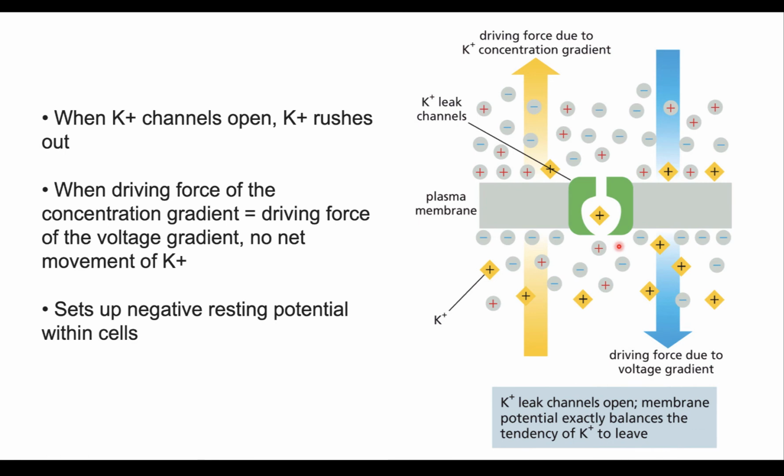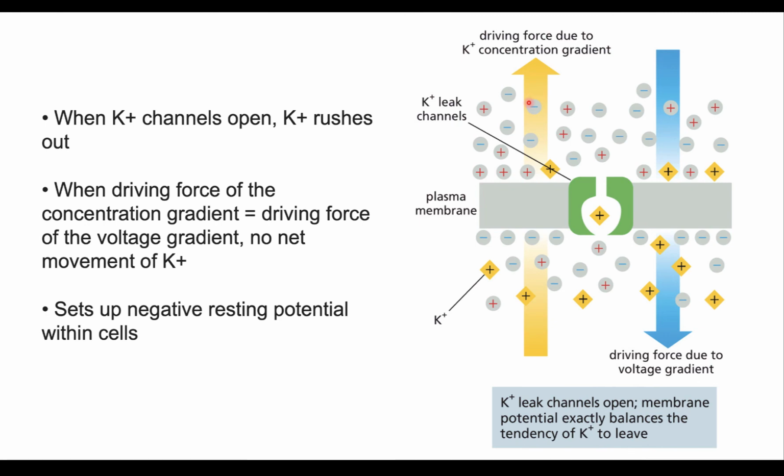Eventually, as the interior of the cell becomes more and more negative, there is an attraction between the negative interior of the cell and the positive potassium ions. So at the point when the driving force, or the attraction of the potassium to the negative interior, is equal to the driving force of the concentration gradient, there will be no net movement of potassium.